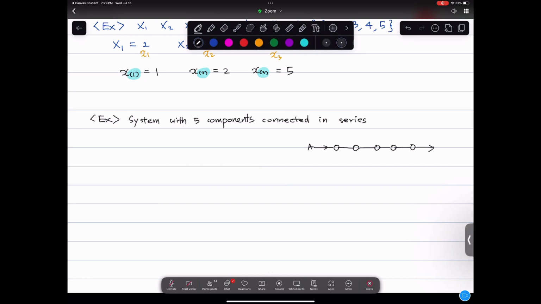Then the system has 5 different components, and these components function independently. It can fail, it can work.